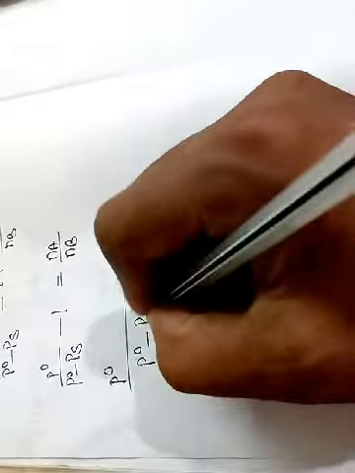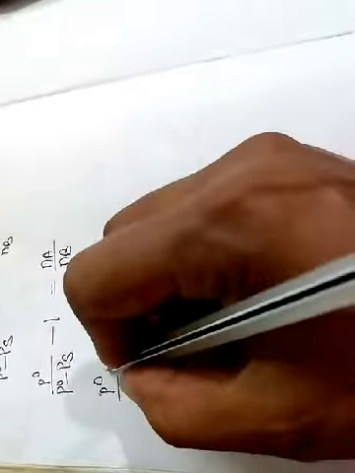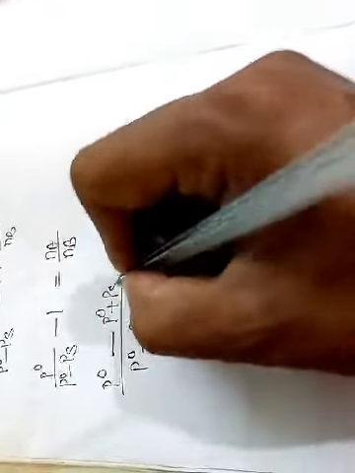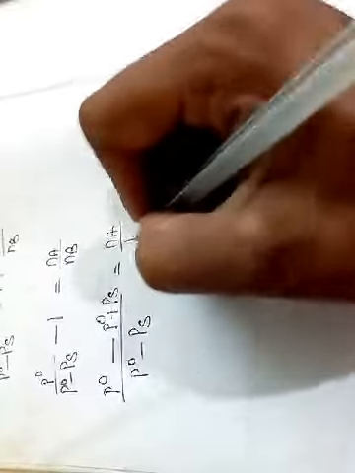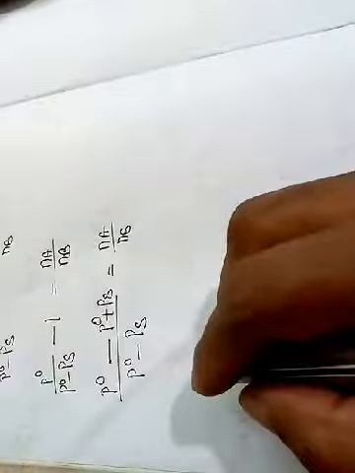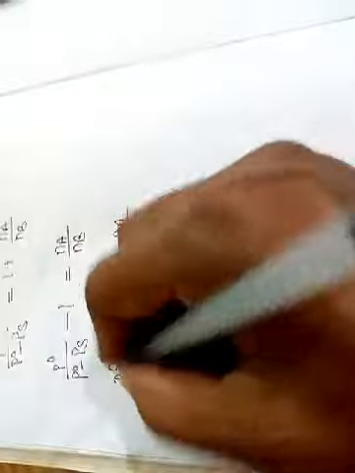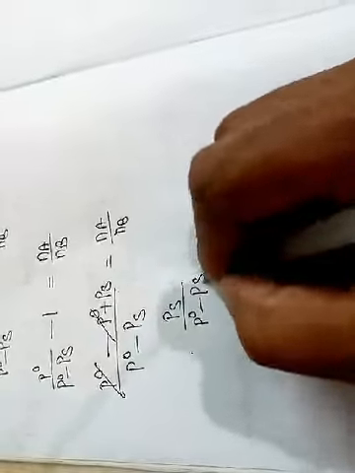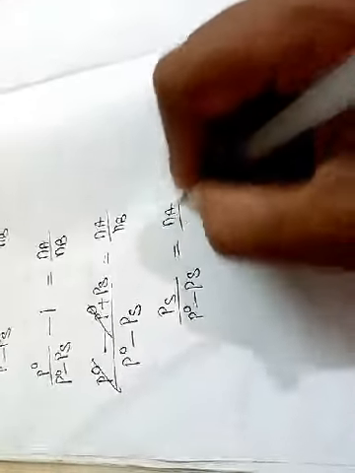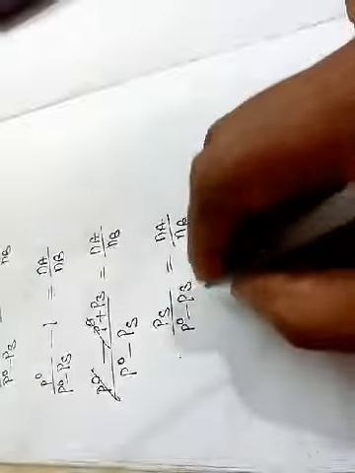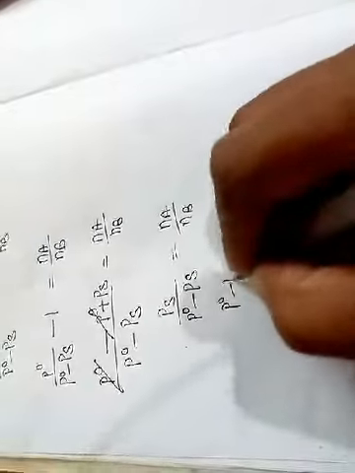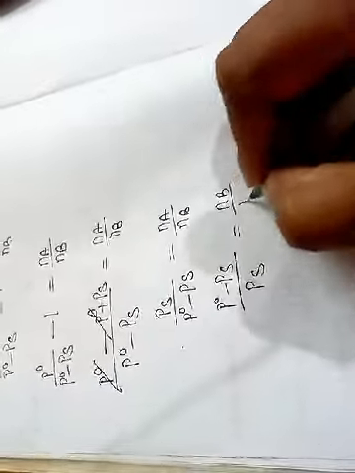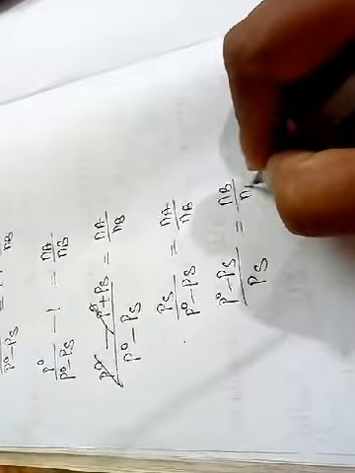So this goes like this: the P naught terms cancel, so we get Ps by (P naught minus Ps) is equal to Na by Nb, or we can write (P naught minus Ps) by Ps is equal to Nb by Na.